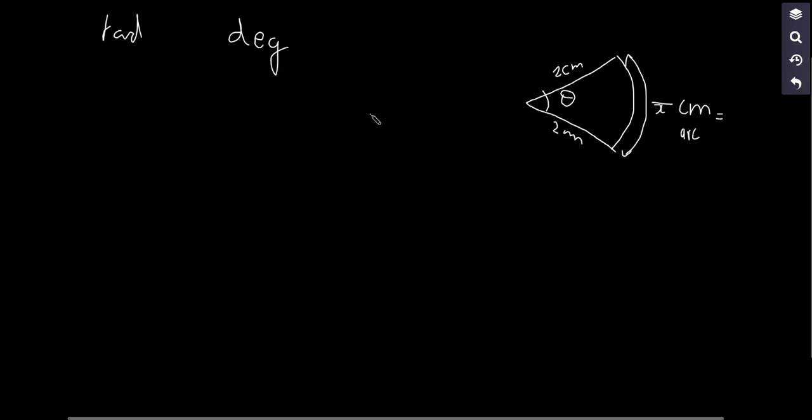Now I'm gonna just pause the video and try to find it yourself. Okay, now I'm going to solve the question. Now we know that theta is equal to arc by radius.